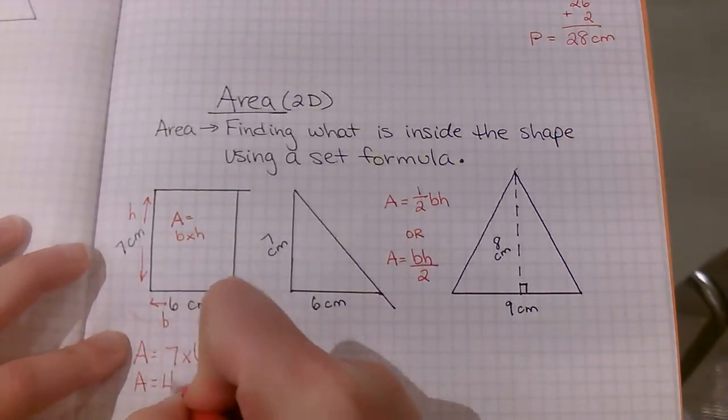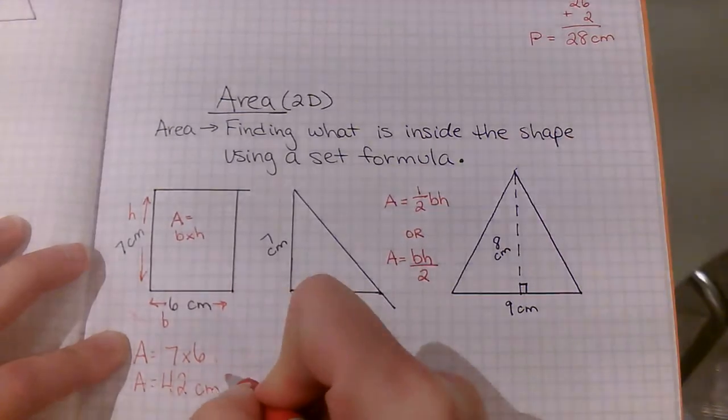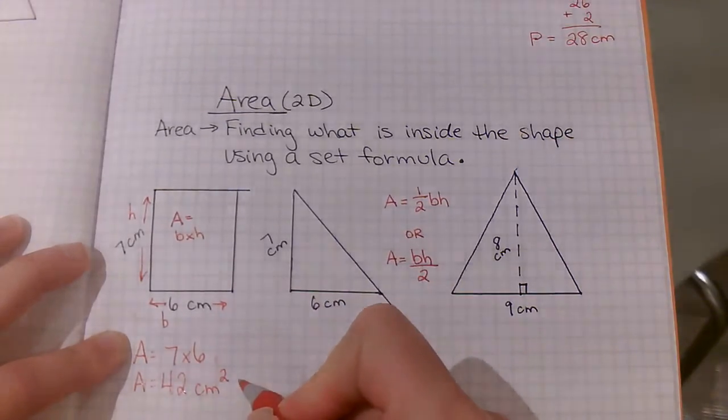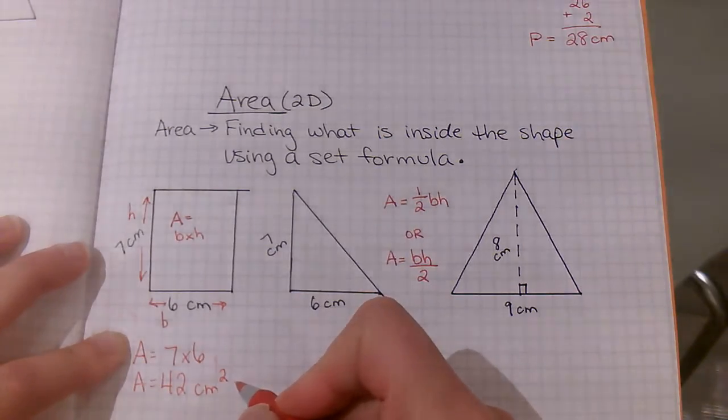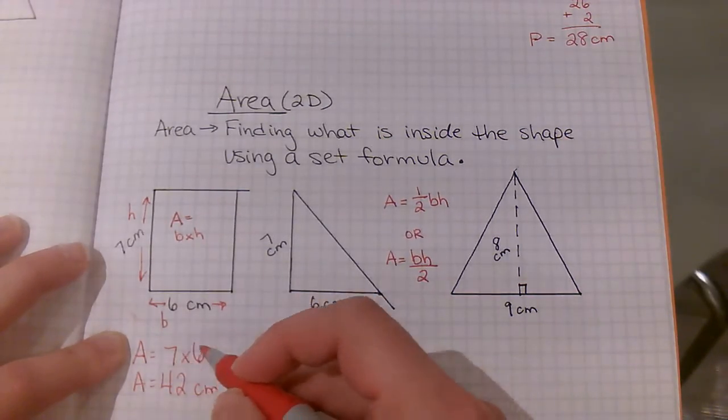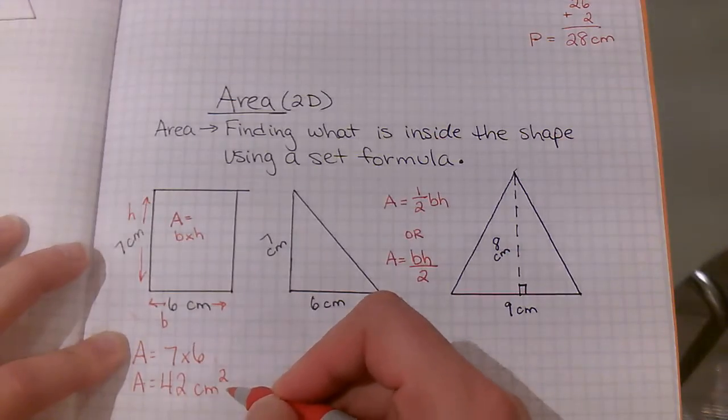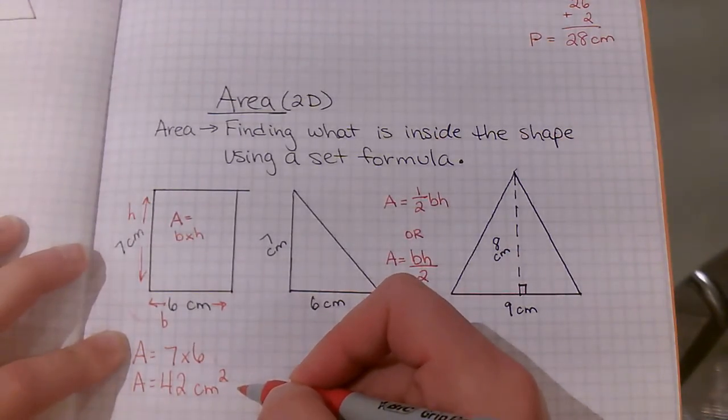Area equals 42 centimeters squared. The reason why we're doing squared is because we're multiplying them together. Okay, so when you multiply them together in area, you need to have centimeters squared at the end.